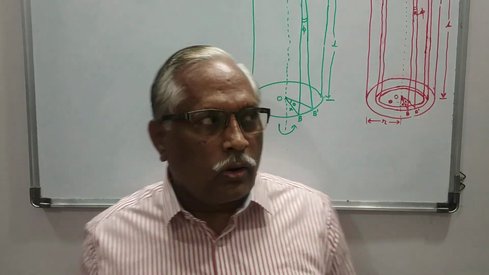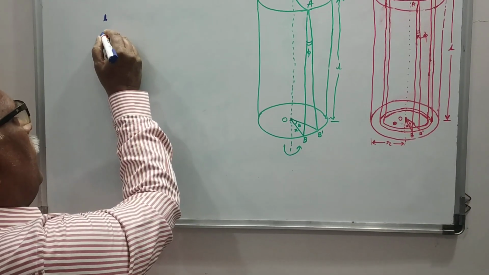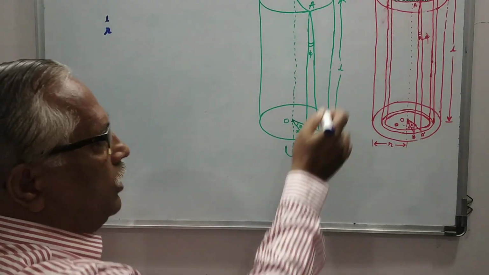Let us consider a cylindrical rod of length L and radius R. This is a cylindrical rod.